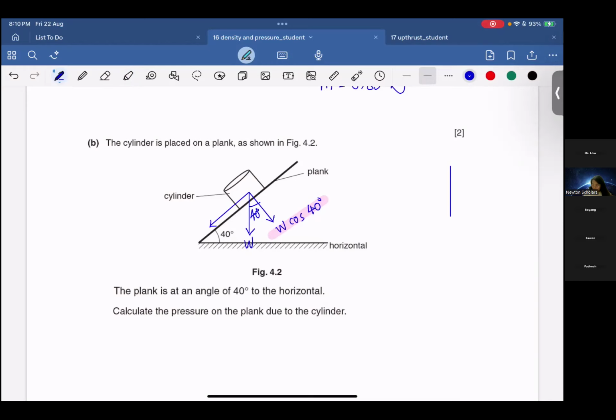Last time we already mentioned why that angle is 40. This is 40, so here will be 90 degree minus 40, which means 50. Then from here to here is 90 degree, so here is 40 degree. So the angle you have to know is 40 degree.